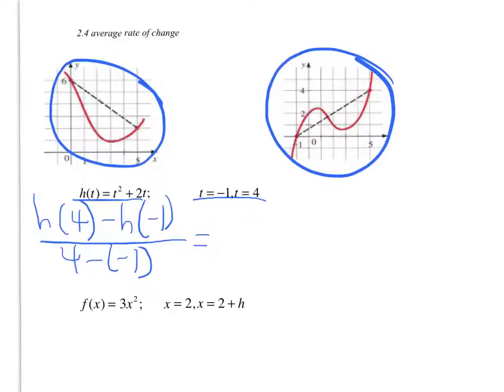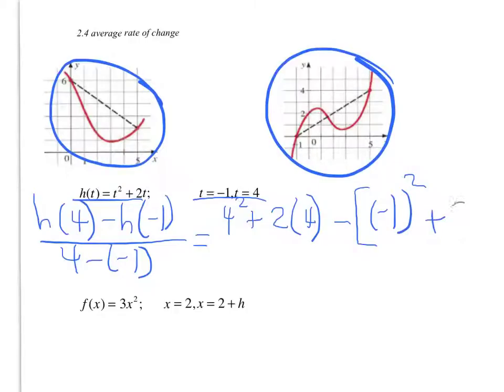Well, h of 4 is 4 squared plus 2 times 4 minus h of -1. So with that minus sign, we have to use a grouping symbol because there are going to be 2 terms. H of -1 is -1 squared plus 2 times -1. So that's the numerator. And the denominator is 4 minus -1, which is 4 plus 1, or 5.